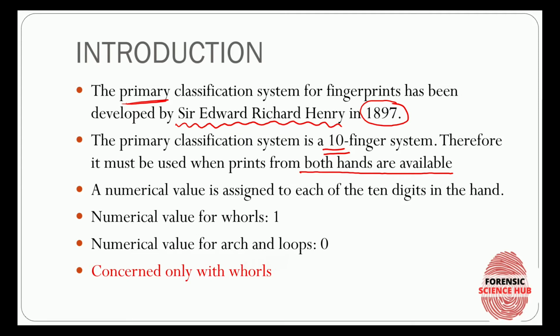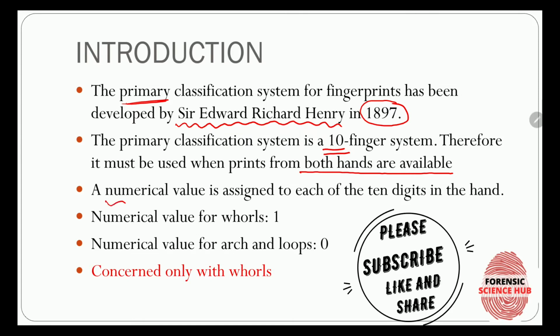Then what we need to do is give a numerical value to each digit. We know that there are different types of patterns like whorls, arches, and loops that are present on your hands. Each of these 10 digits or 10 fingers is going to have these patterns.